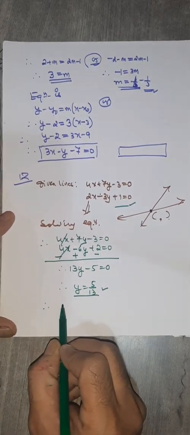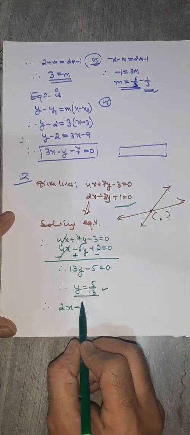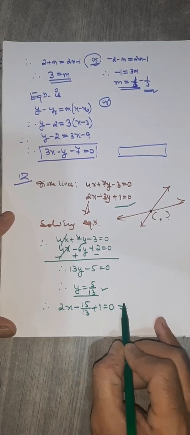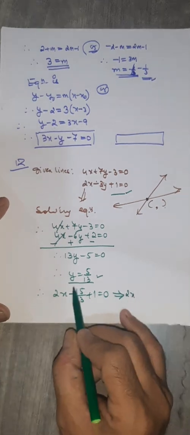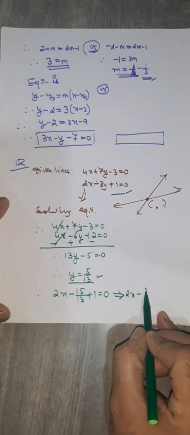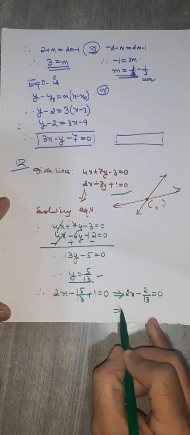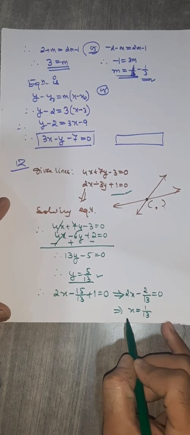So therefore 2x minus 15 by 13 plus 1 equals 0. So it implies 2x equals to, here what we'll get, this is 13, so you have minus 2 by 13 equals 0, and therefore x will be 1 by 13.